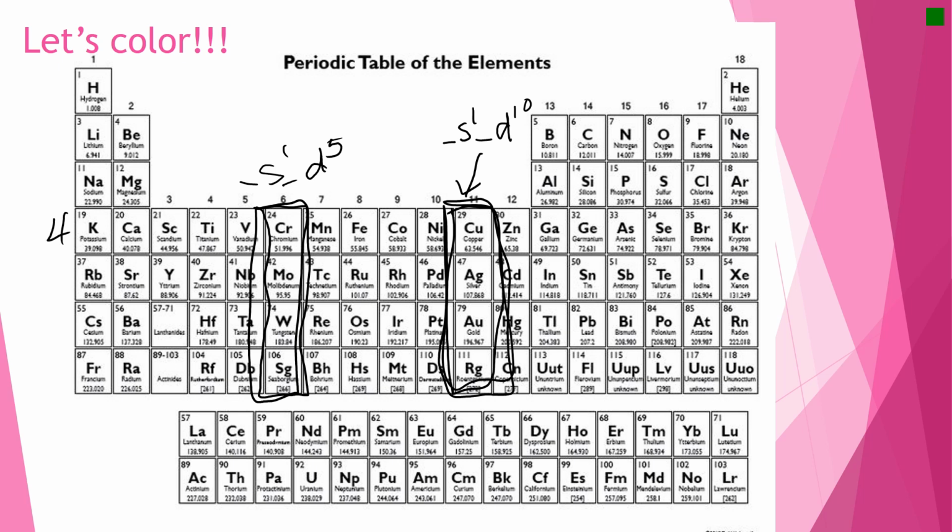So if this is 4 and 3, if I'm doing chromium, it would be 4s1 3d5. Or if I was on molybdenum, this would be 5 and this would be 4, so it would be 5s1 4d5. Okay, same thing with the copper column. You just fill in whatever energy level you're on for that one. And it's only for the last one. So if I got all the way to, let's say, molybdenum, my previous row would still read 4s2 3d10 because I used all of those electrons anyways.